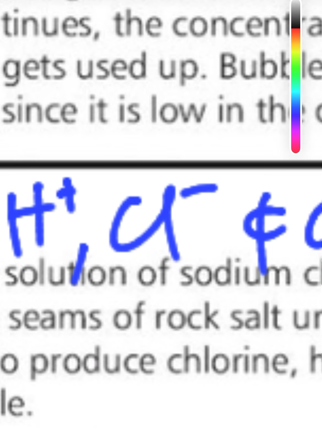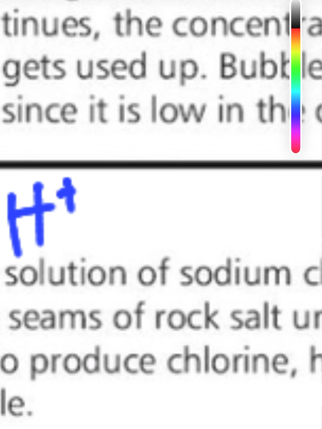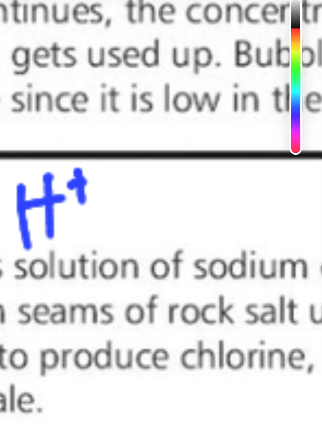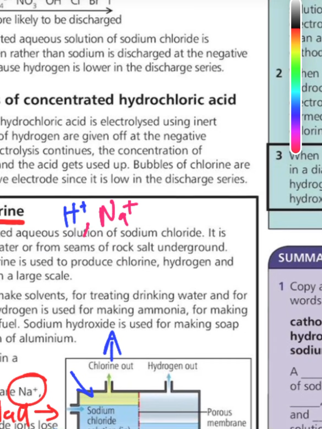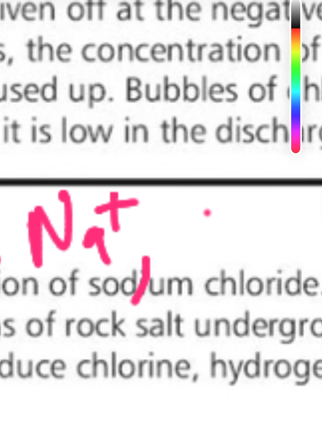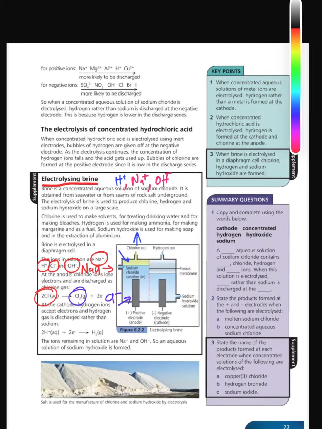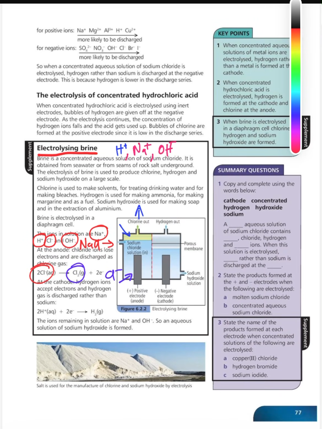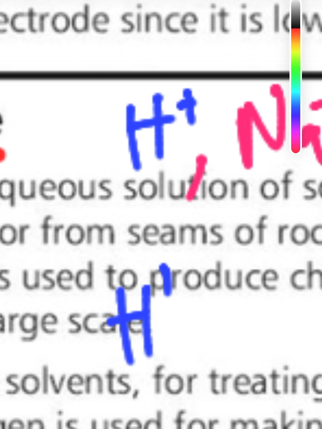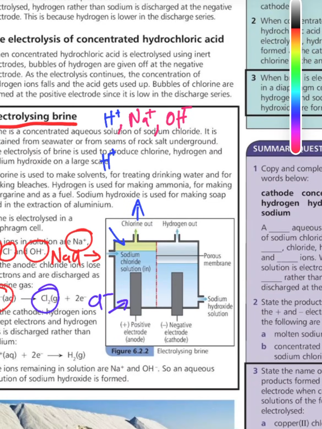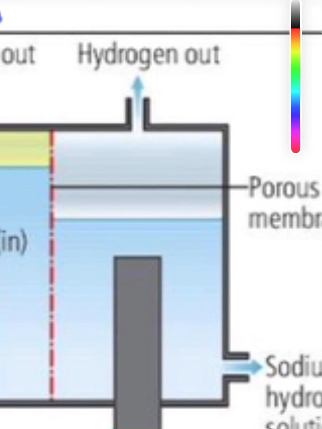Because of preferential discharge, H plus is discharged first at the cathode.